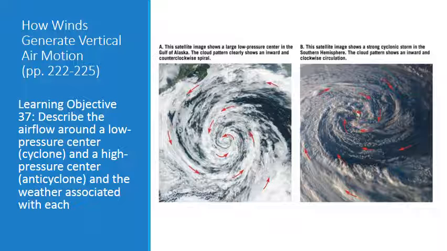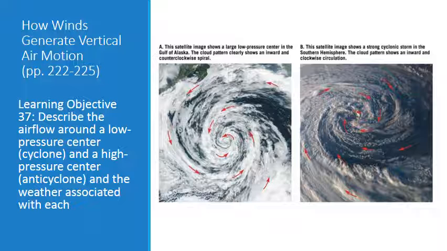You also learned that subsidence produces adiabatic heating and clearing conditions. In this section, we're going to talk a little bit about how the movement of air can create pressure changes and hence generate winds. There are not many slides in this presentation, but they are meaty, densely packed with information.